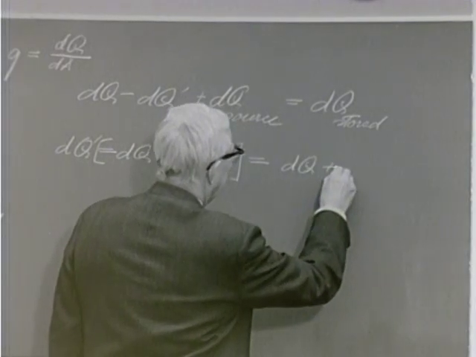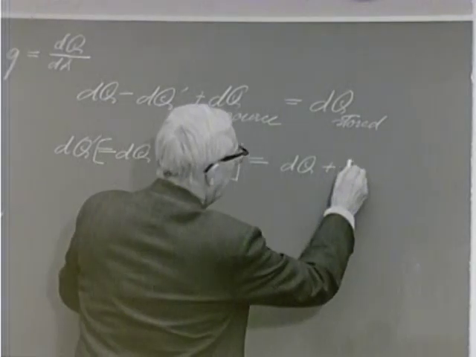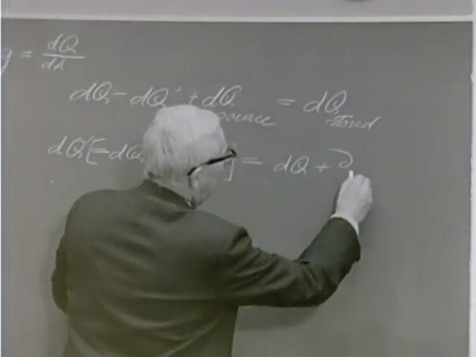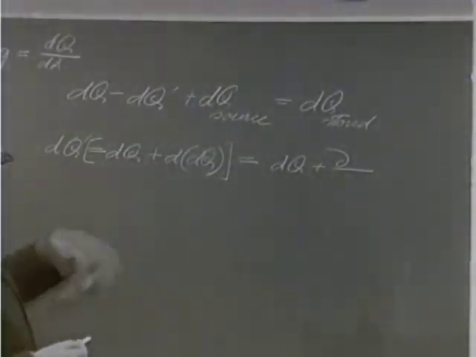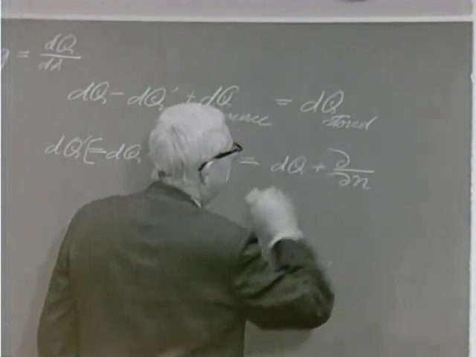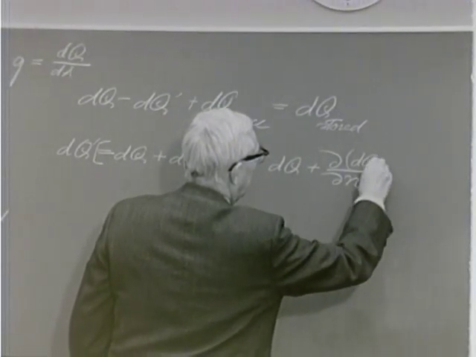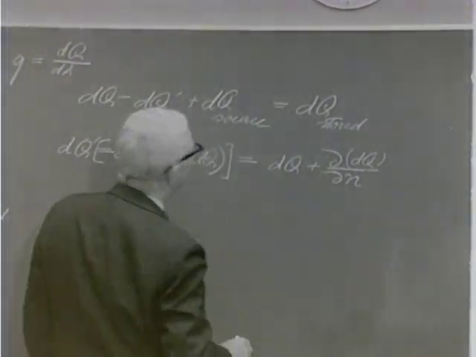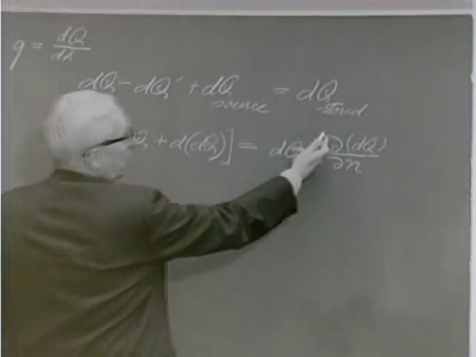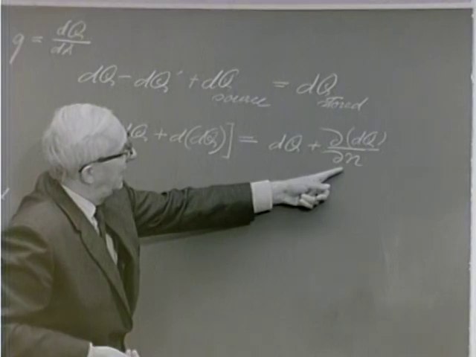dq plus the change, so I write a partial differential sign. And I have to indicate that the change is when I change the n. So I write partial over partial n of dq. And then, since this would be obviously something different, I have now divided, this is a change per unit length.